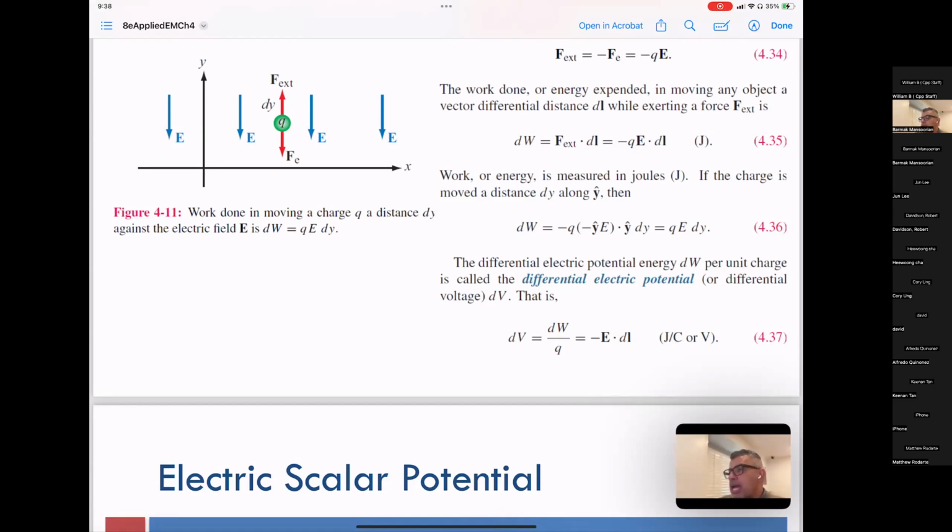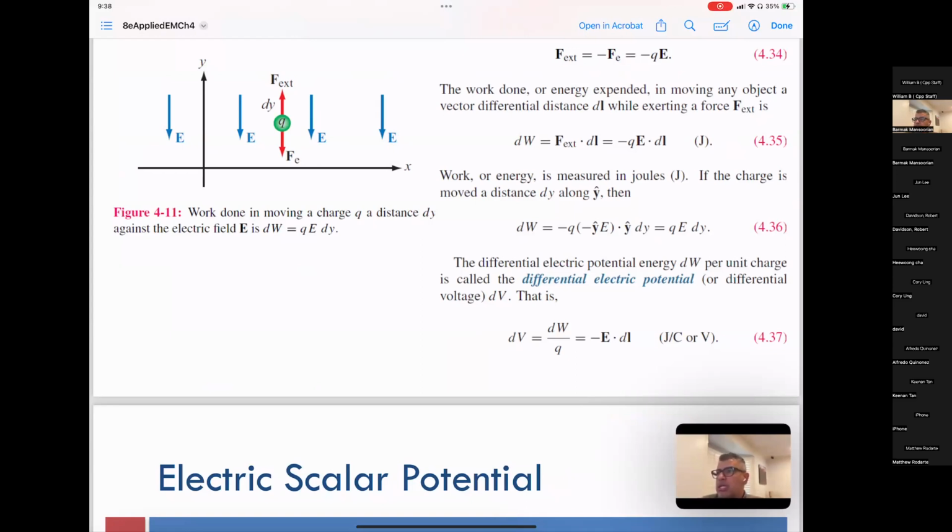So in the lab, by convention, when we say something is 5 volts, what we've done is create this concept of a ground. A ground is a point where that charge feels no potential energy.